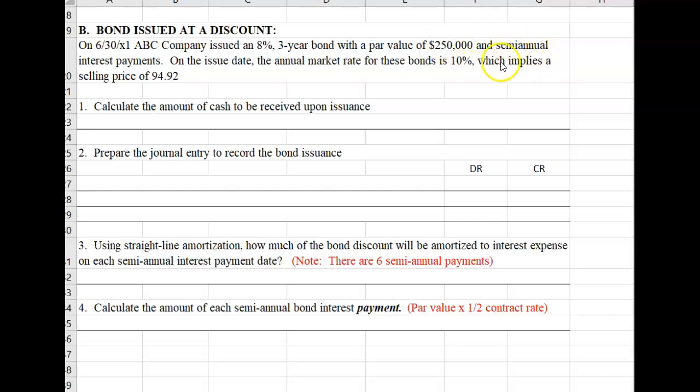As a matter of fact, you're given how much cash we're going to receive by the selling price of $94.92, which means that the cash we're going to receive is 94.92% of the par value.